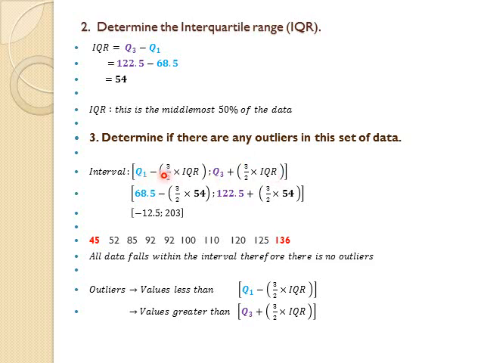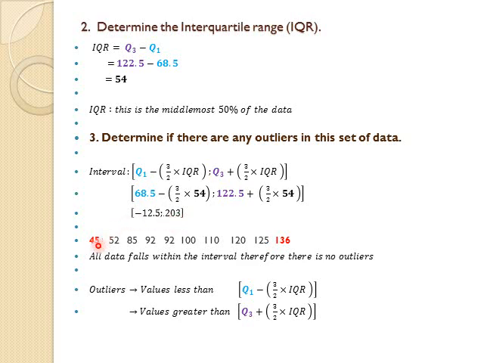So quartile 1 we subtract, quartile 3 we add. You can see 3 over 2 times interquartile range stays the same. So I have 68.5 minus 3 over 2 times 54, and 122.5 plus 3 over 2 times 54. This becomes minus 12.5, and that's 203.